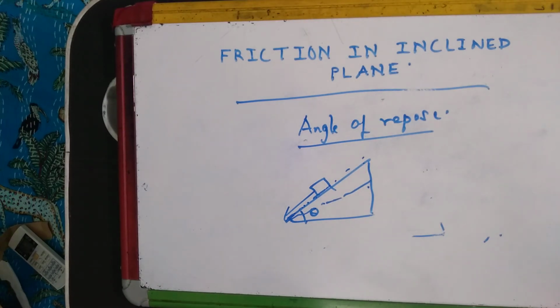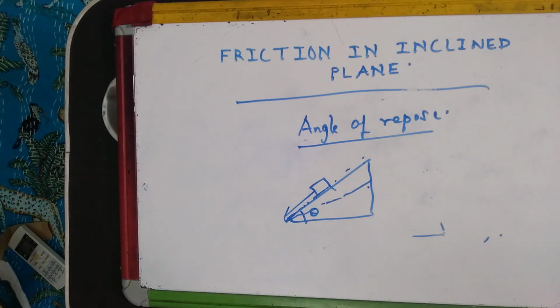When the angle of repose is reached, a limiting friction force would apply up the plane so as to oppose relative motion, which we have already discussed in my earlier lectures.